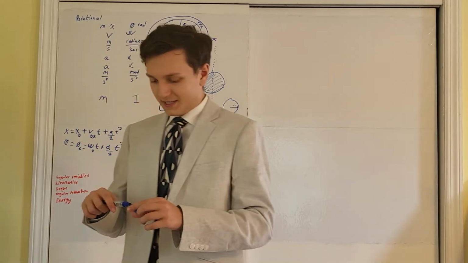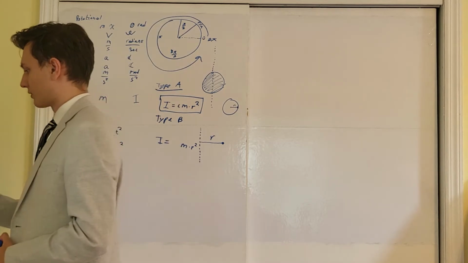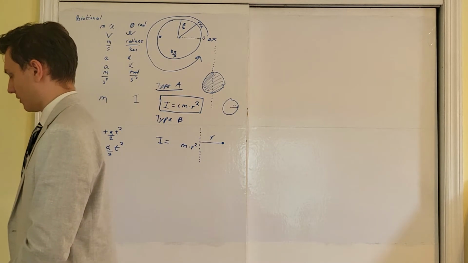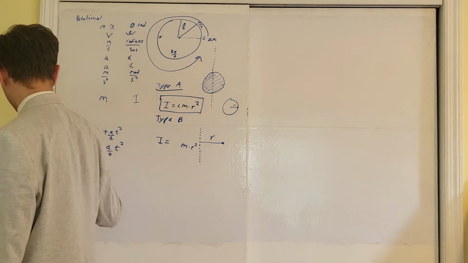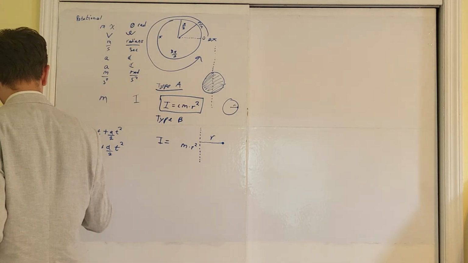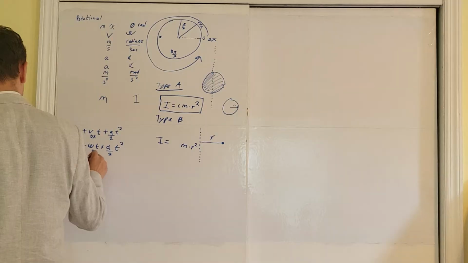So despite it being so similar, you are still given your kinematic equations for rotation on the equation sheet. You are given theta equals theta naught, this equation we just derived, and you are given omega equals omega naught plus alpha t.